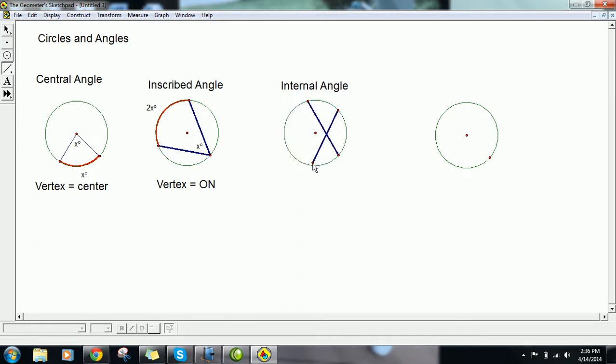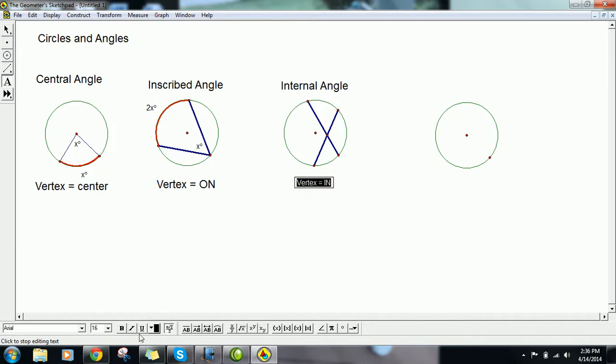Note that the vertex of that particular internal angle is in the circle. It's not, however, the center of the circle, in which case it would be a central angle. But the vertex is in the circle, which makes it what we call an internal angle.